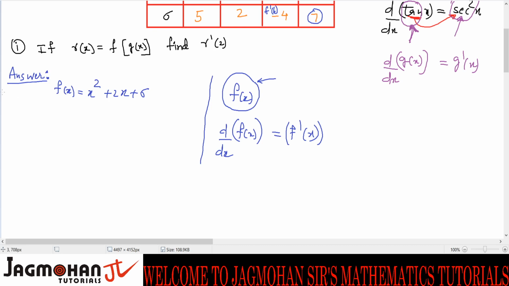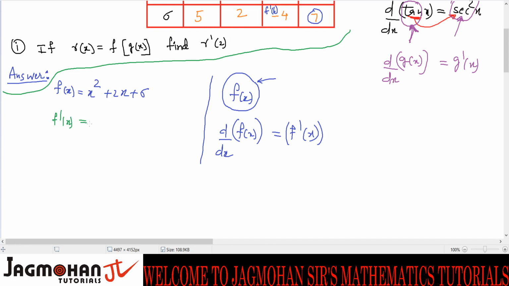Don't get confused. It is not the answer of this question. I'll be doing that later. Right now I'm just teaching you the meaning of f dash x and the value of f dash x at a certain x. So suppose I am having f of x as this and I want to find f dash x, what would I do?